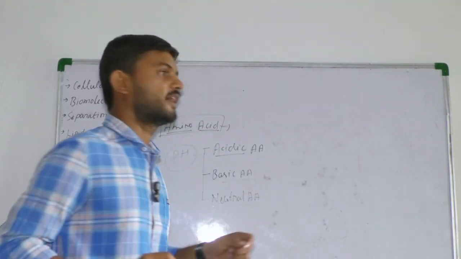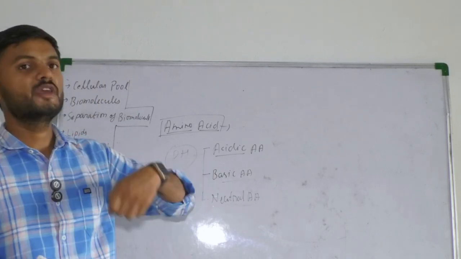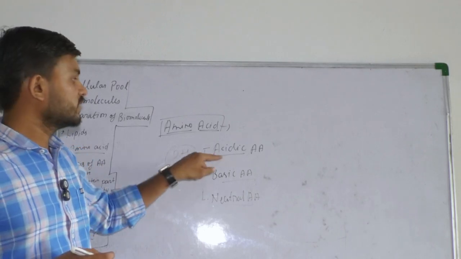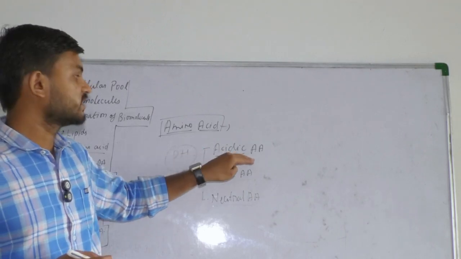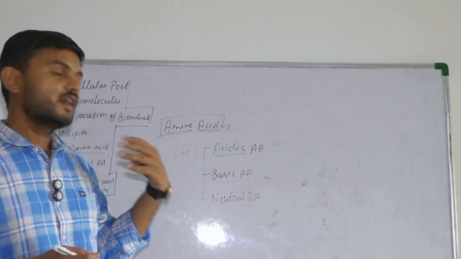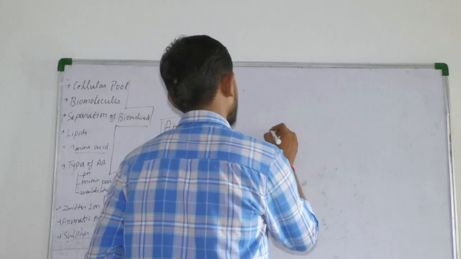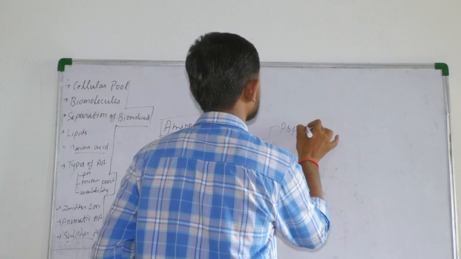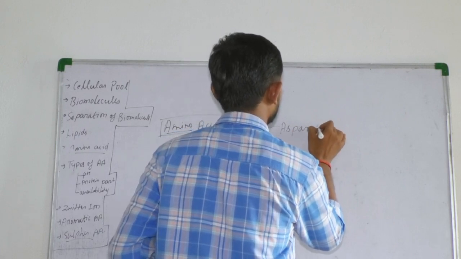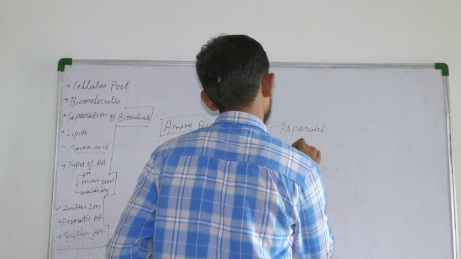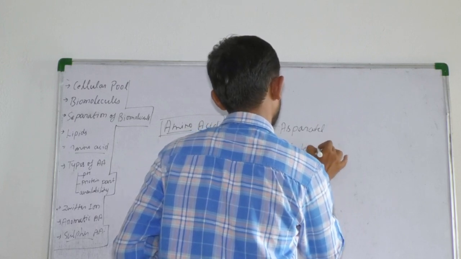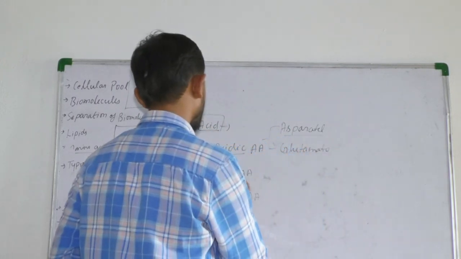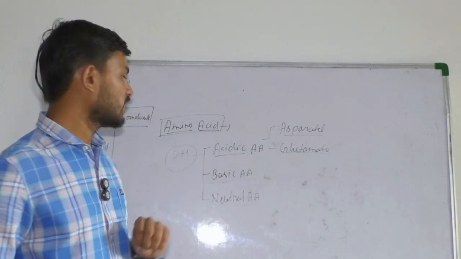In acidic amino acid, the acidic group is more than the amino group. That's why it is called acidic amino acid and it acts as an acid. Two important examples of acidic amino acid are aspartate and glutamate.